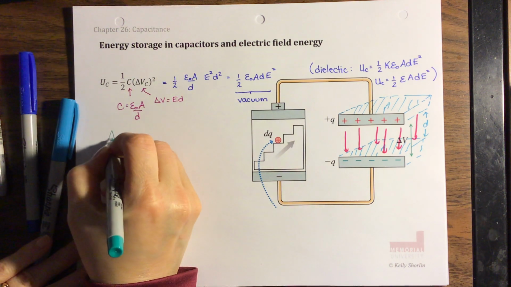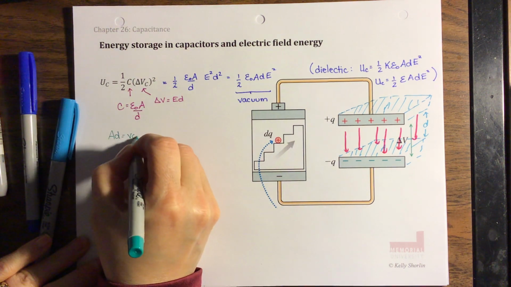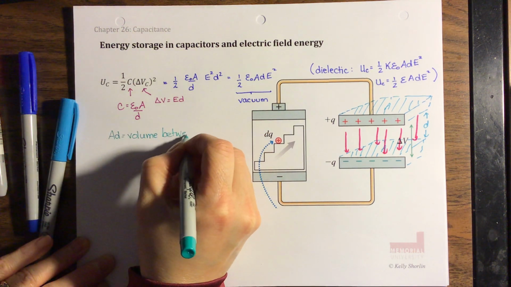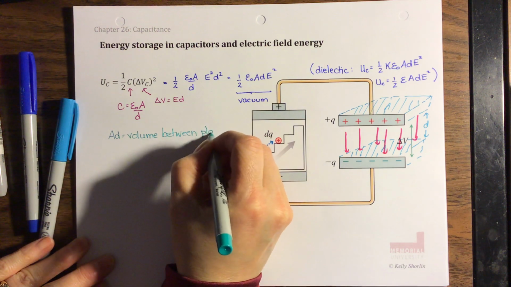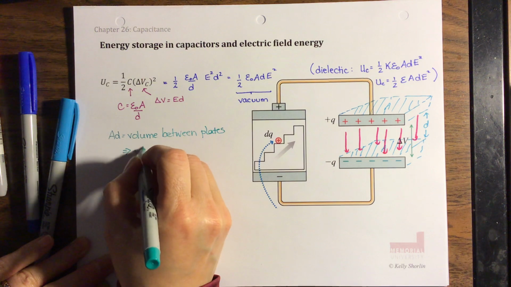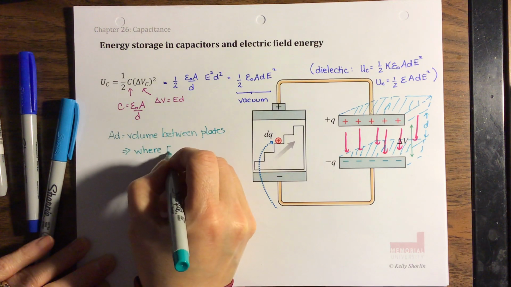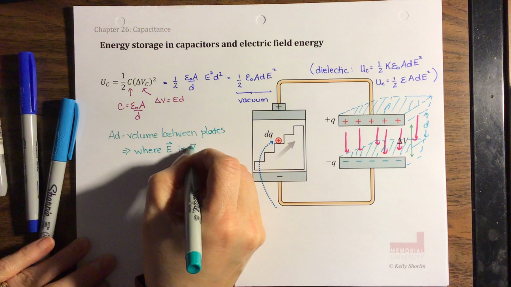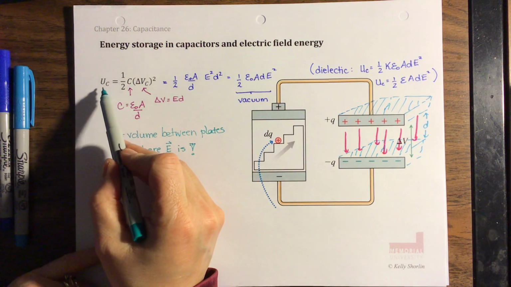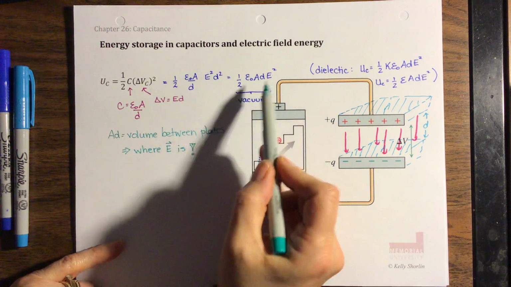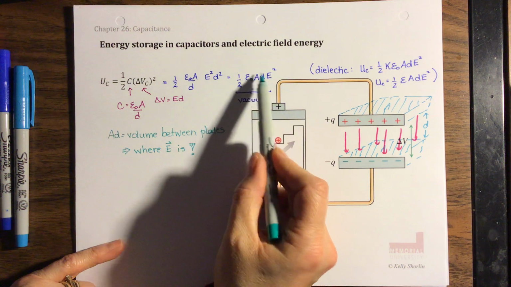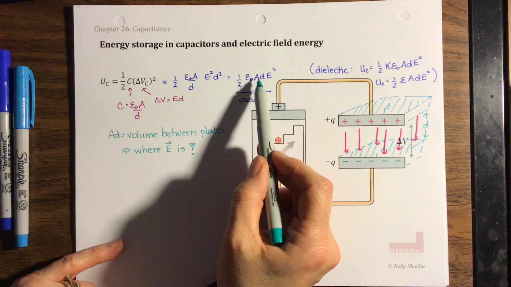So A times D equals volume between the plates, which is where the electric field exists. So that's a pretty interesting result. That tells us that the electric potential energy is stored in the electric field. So it depends on the strength of the field, and it happens in that volume where the field is.